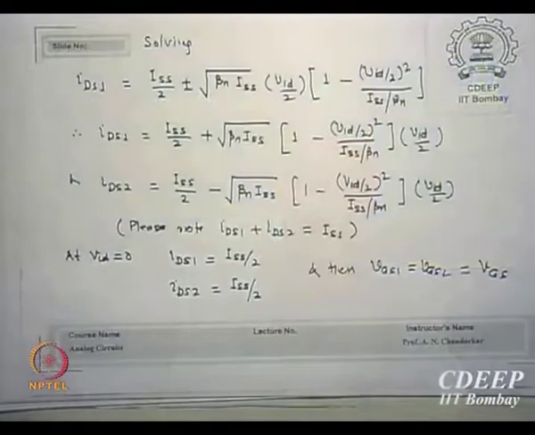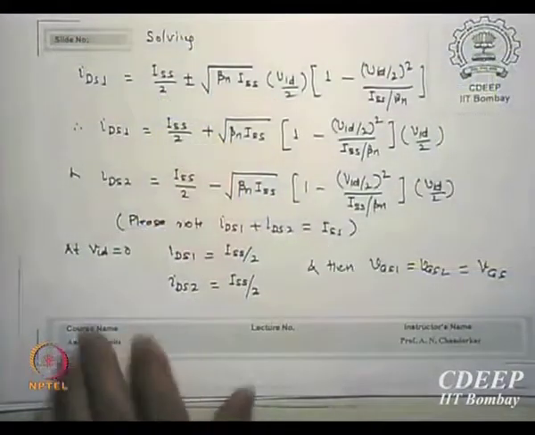So the point I am trying to raise from these two equations is, if VID is 0, what does that mean? VID is 0 means that essentially I am saying common mode we have received. Is that correct? Vin1 is equal to Vin2. So VID is 0.